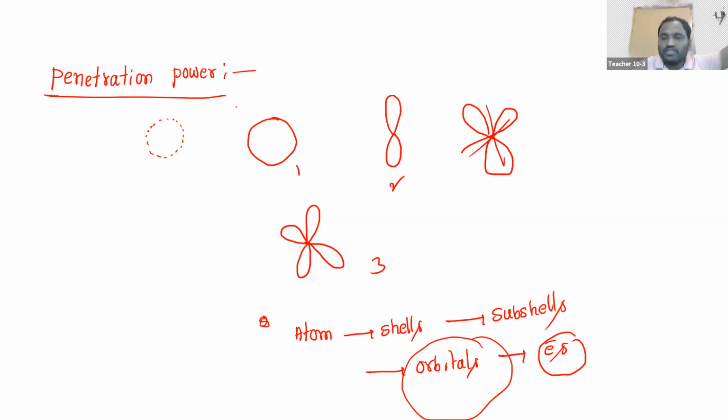Symmetrical around the nucleus means, imagine the shape: if it is like this, you can't tell it is symmetrical around the nucleus. Only if it is spherical is the probability of finding the electron symmetrical around the nucleus. So we imagine the s orbital shape as spherical. It's based on electron probability only.